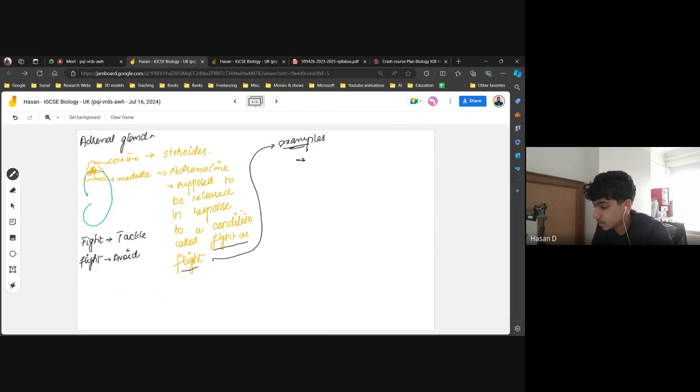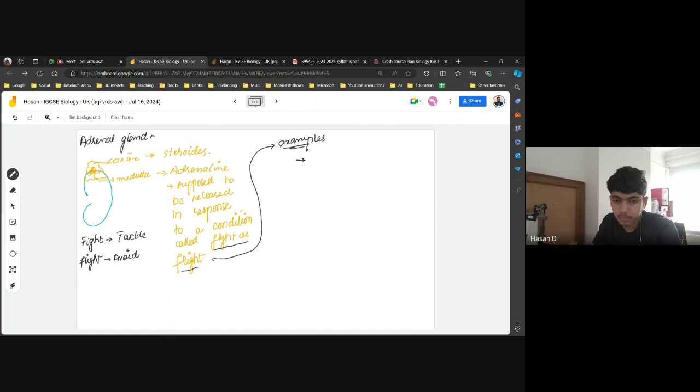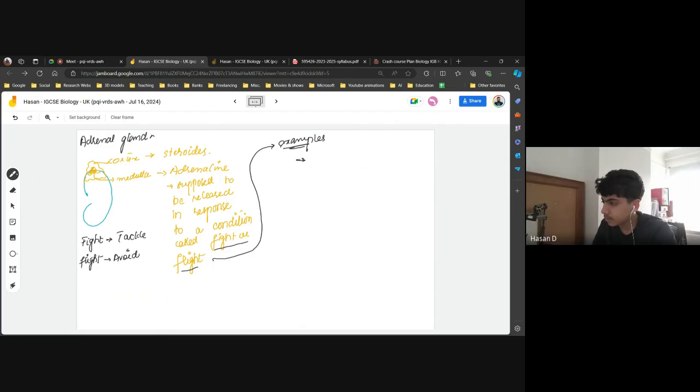Something like if there's a gunshot and you need to dodge it or go down to the floor. Anything else? Maybe if someone punches you and you have to dodge it. Good. Basically, any action that's threatening your well-being.